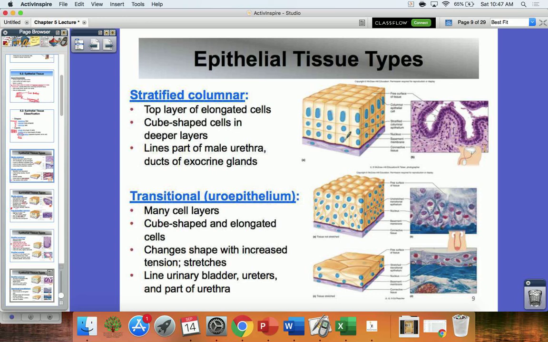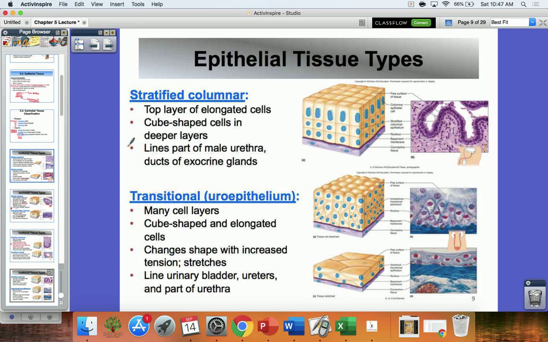But as they are going upward, they do take this column or columnar shape to them, so they're named for the shape that's on the outside or towards the free surface. And you'll find these also in places like some glands, exocrine glands specifically, and the male urethra, which is the tube through which urine and semen will pass.